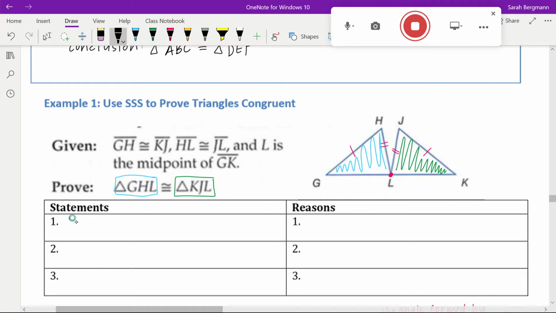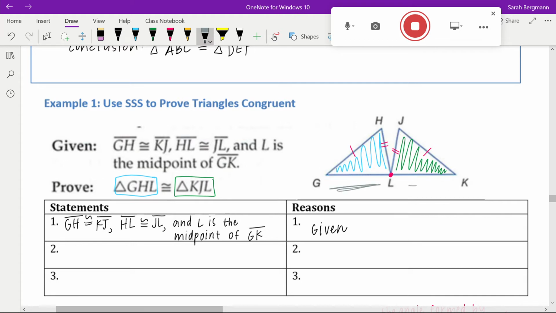So remember, we always start with the given, so we'll just rewrite that first. Now, in order to show that these 2 triangles are congruent, I need to show that the last pair of sides, GL and LK, are congruent.